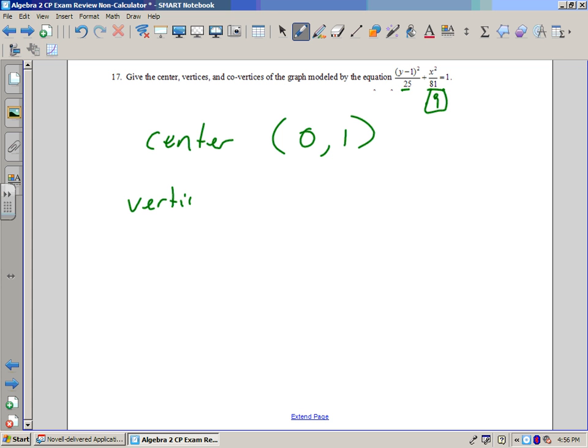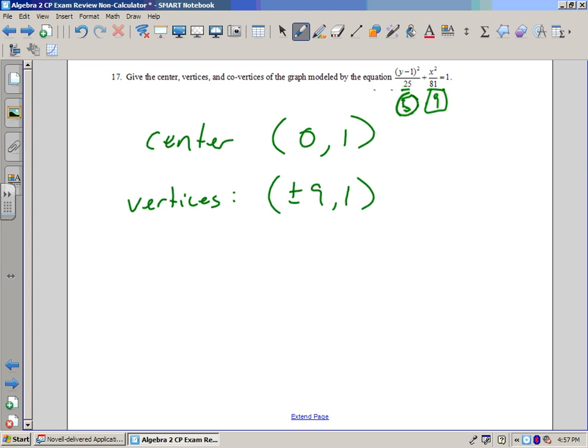So my vertices are going to go left and right 9 from the center, plus or minus 9, 1 would be my vertices. My covertices are going to go the square root of 25 out, which is 5.